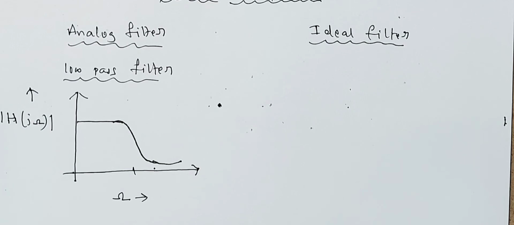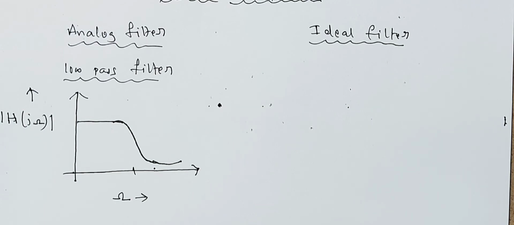If the filter uses only passive components such as capacitor and resistor, it is called passive filter. If the filter uses active devices such as transistors or operational amplifiers along with the passive components, it is called active filters. In this way, we can classify the filters.